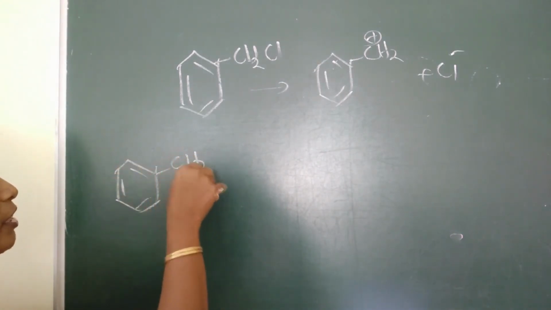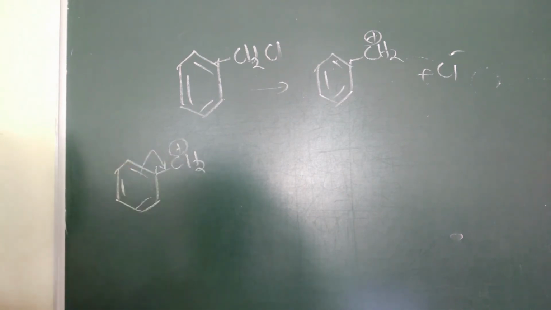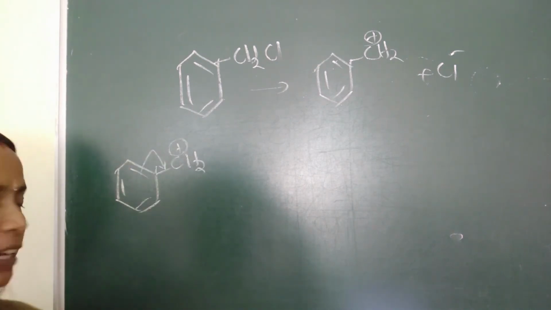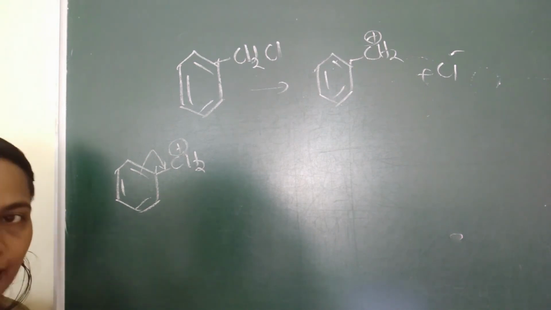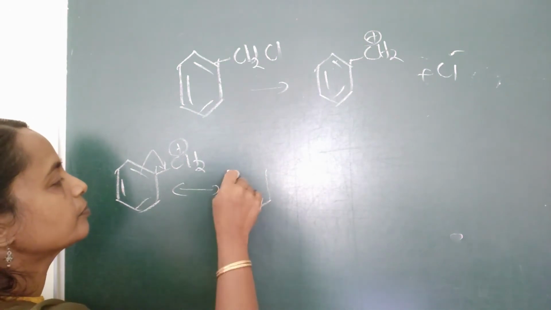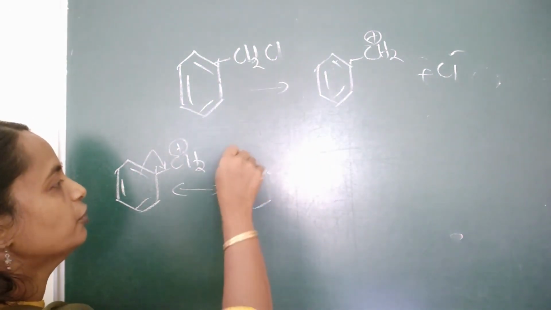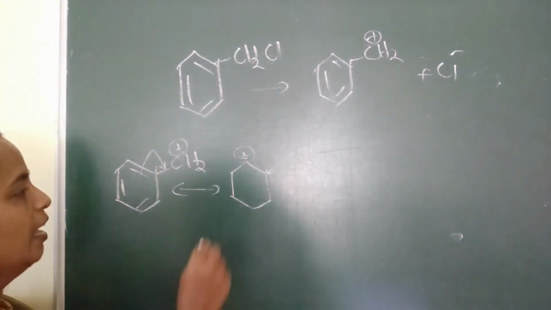This CH2 with a positive charge can be stabilized by the shifting of the double bond electrons, forming a double bond to CH2 with the positive charge on the ring.